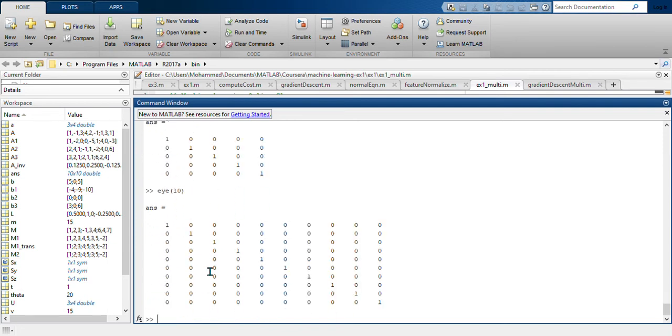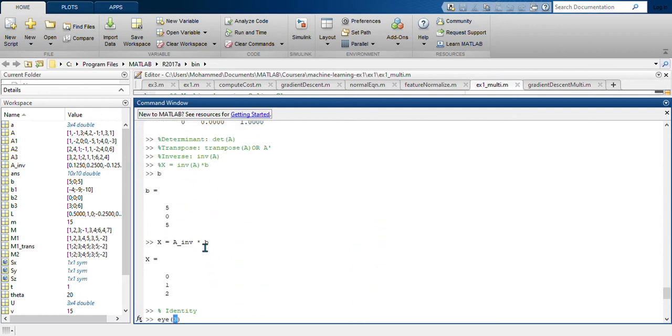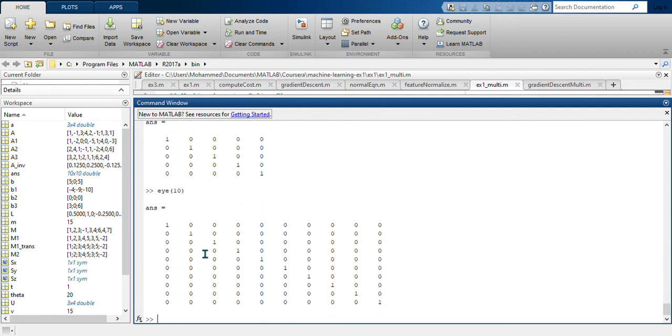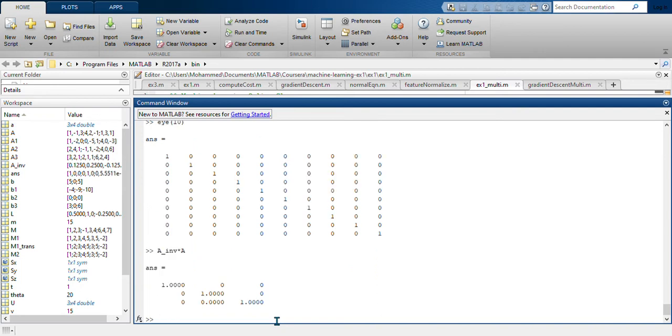We've also illustrated that multiplying a matrix with its inverse gives us the identity matrix, right? A inverse multiplied with A gives us an identity matrix which has 1 on the diagonal and 0 everywhere else. So we have seen that as well.